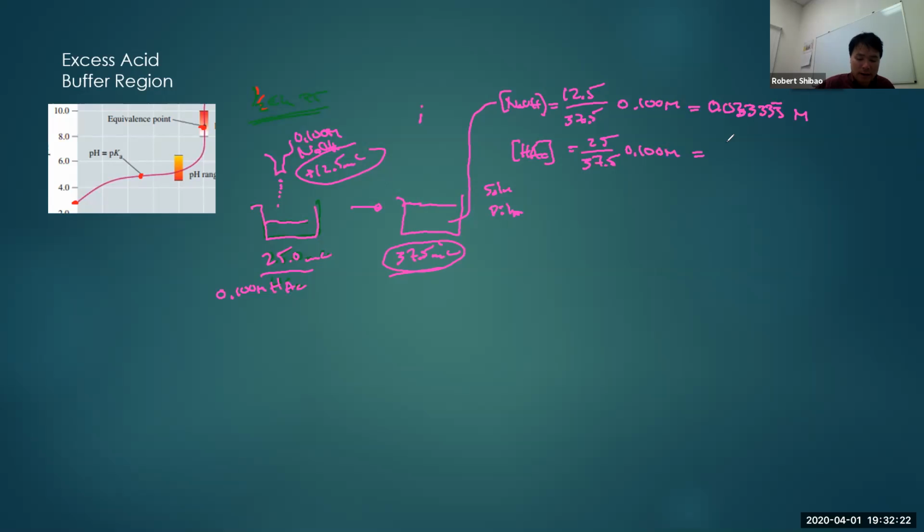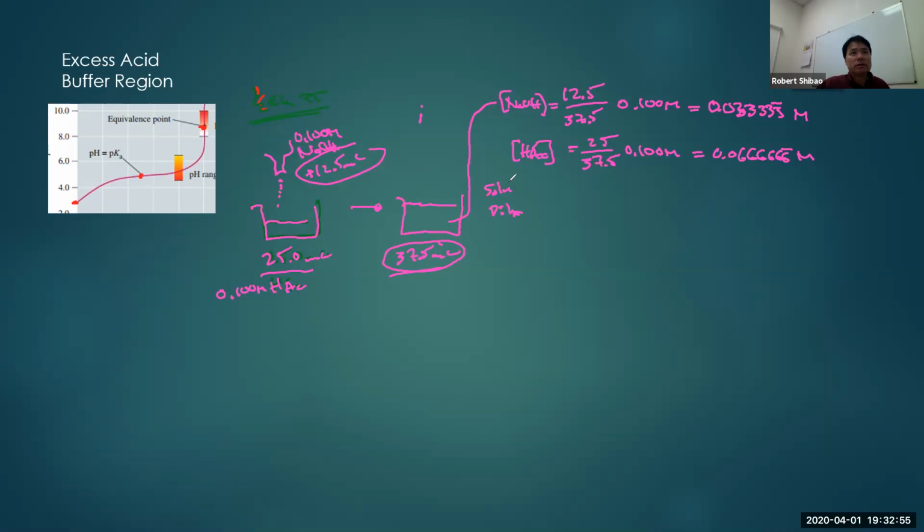That's going to be 25 divided by 37.5 times 0.1, which gives me 0.0666. The same thing. I'm not going to round. I don't round until the very end. And so what some people do is they'll just go ahead and round this to 0.067 or 0.07, something like that. We'll carry some extra digits.